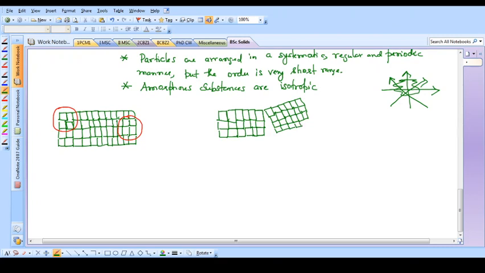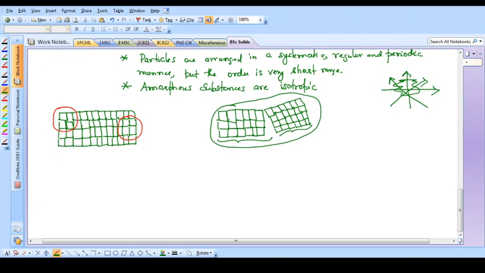But the overall sample is not orderly arranged. Within this domain there is a systematic periodic arrangement. Similarly, within this domain there is a very systematic periodic arrangement.